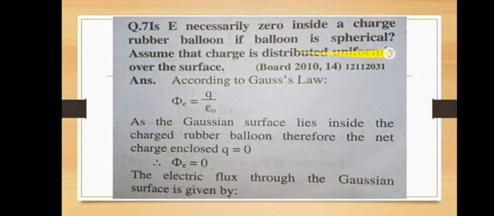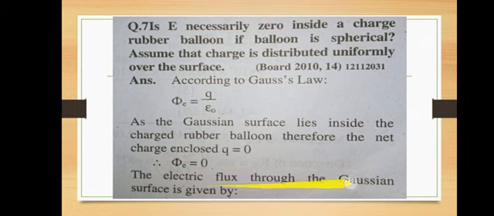Question number 7, is the electric field intensity necessarily zero inside a charged rubber balloon if the balloon is spherical, round in shape? Assume that charge is distributed uniformly over the surface. According to Gauss's law, electric flux is equal to Q over epsilon naught. Flux is zero as the Gaussian surface lies inside the charged rubber balloon, therefore the net charge Q enclosed is zero.